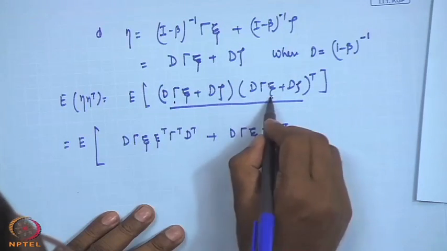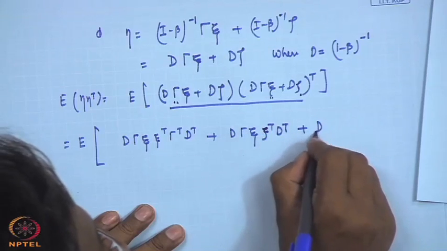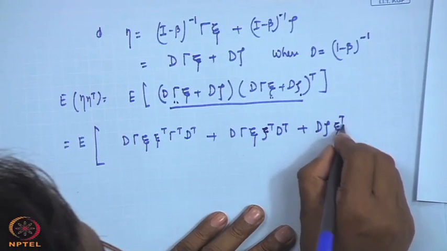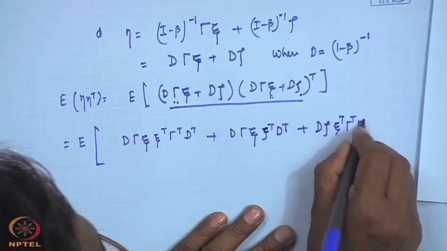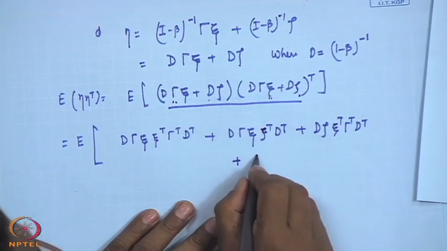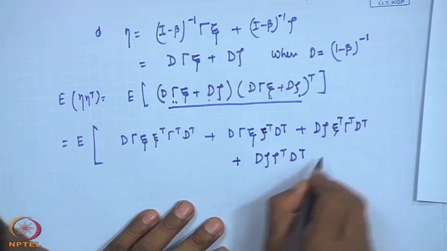So, this into this plus this into this we have written. Similarly, I can write D zeta xi transpose, gamma transpose, D transpose plus this into this, D zeta, zeta transpose, D transpose.